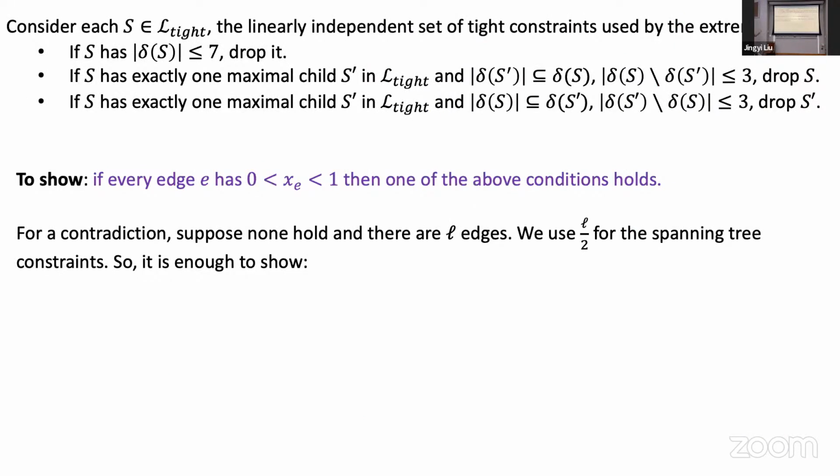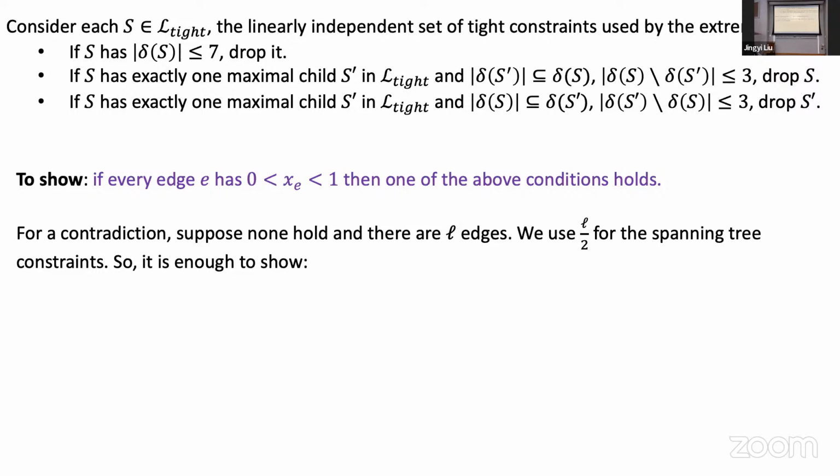Okay, so the third constraint is very similar to the second one. And now we want to show, similar to before, that as long as every edge is between 0 and 1, one of these 3 things must have happened. So as before, suppose for a contradiction that none of these things happen, and there are some L edges.